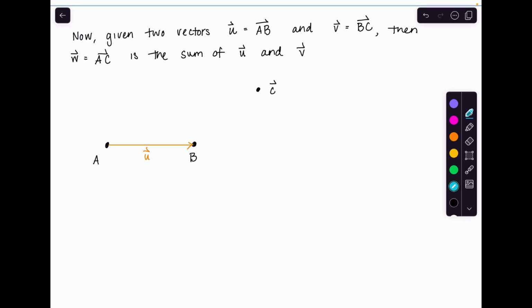Then our vector V begins at B, ends at C. So here is V. Okay. Adding these two vectors results in something that creates a bigger force and has a different direction that begins at A and ends at C. You can see it gets a little muddy with all the arrows on top of each other, but this is what vector W looks like. It is U plus V.